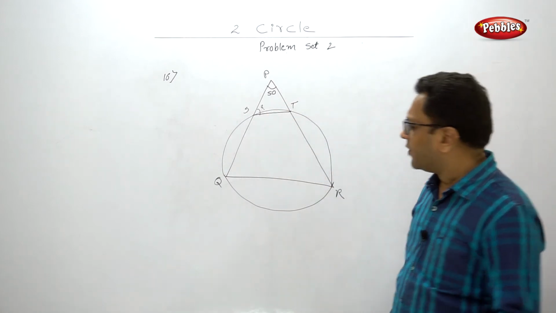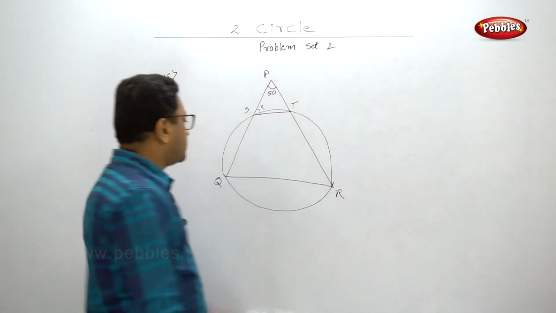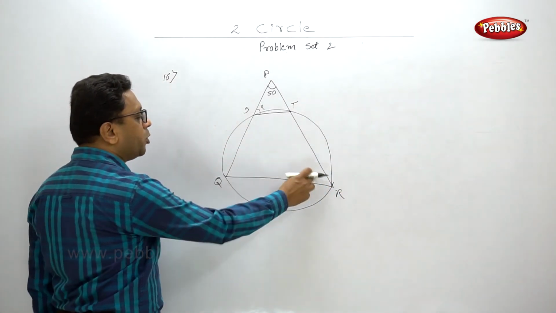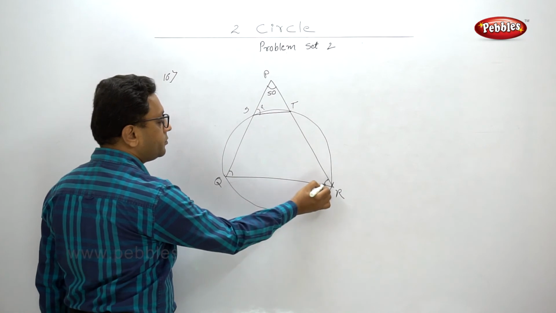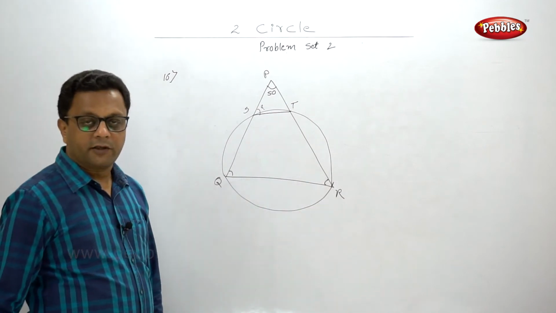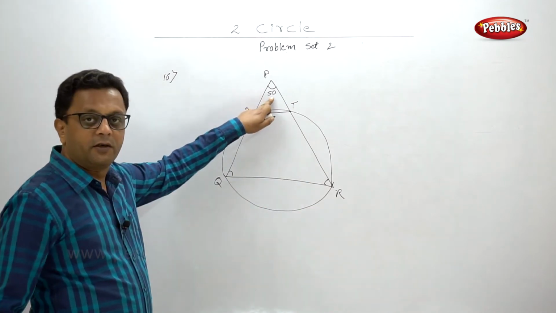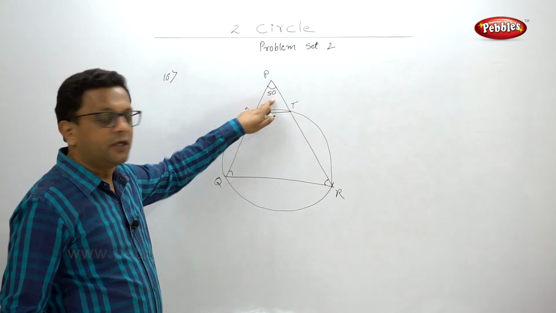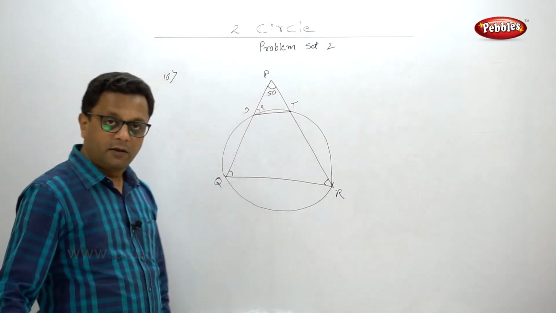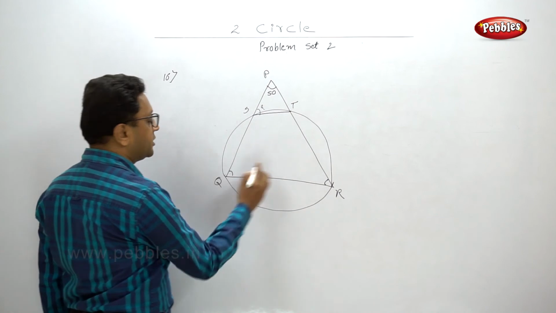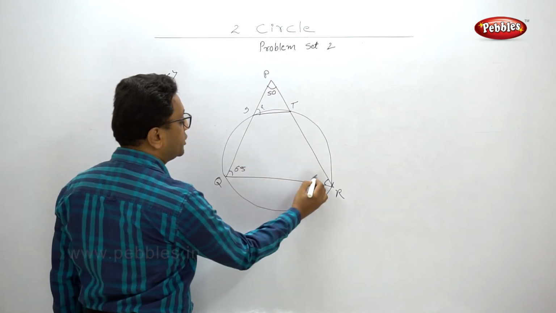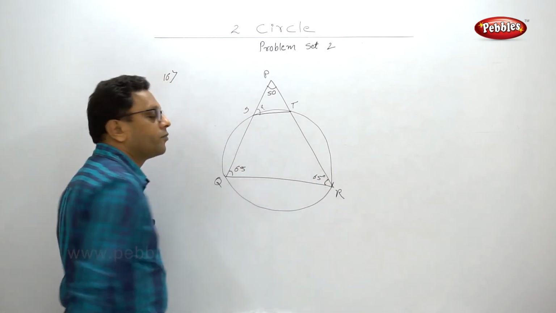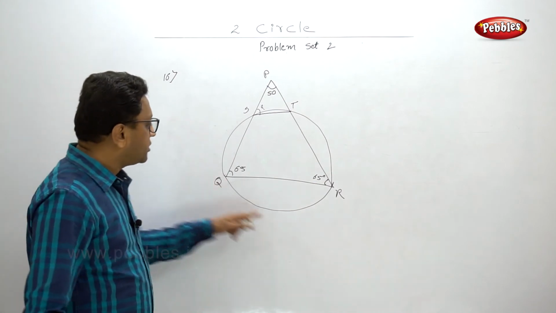Okay? Very simple. Since this is an isosceles triangle, both these angles are equal. Correct? If this angle is 50, then 180 minus 50 is 130, and since both the angles are the same, both the angles are 65 degrees. Now this is a cyclic quadrilateral.